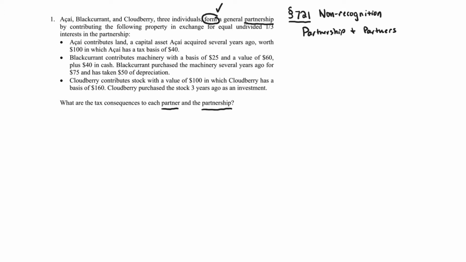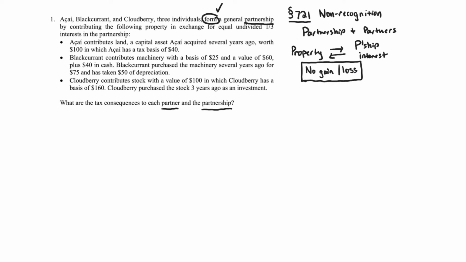When there is an exchange of property by the partners in exchange for a partnership interest, no gain or loss shall be recognized. So it's a mandatory rule. So no gain or loss recognized.